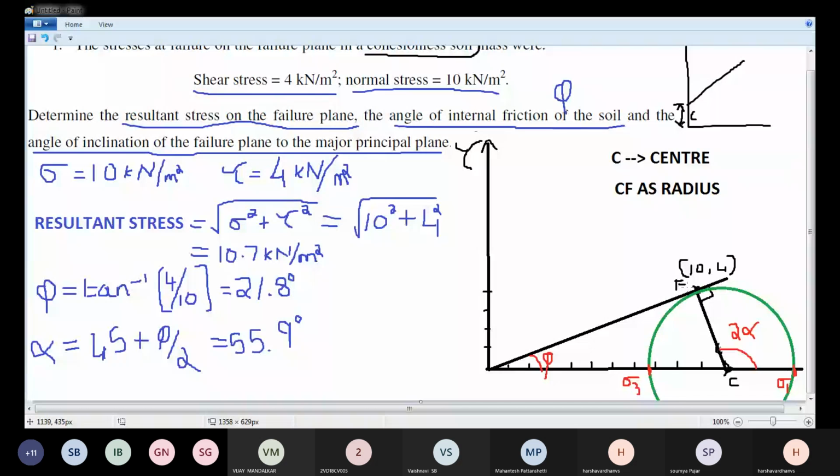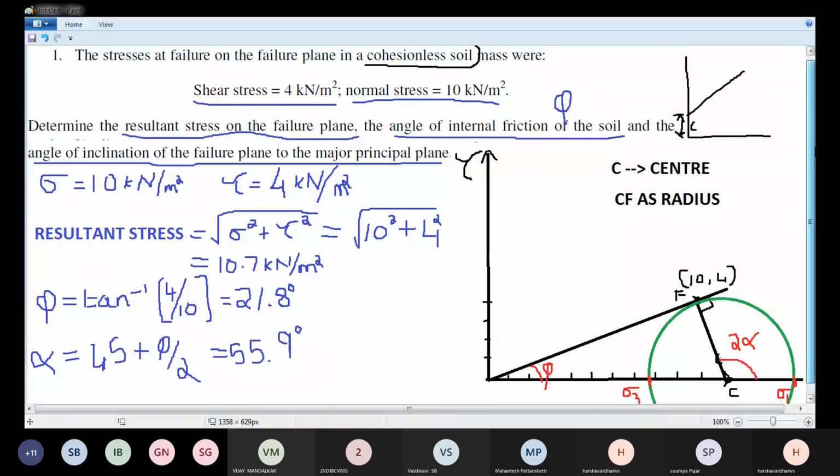Because it is not mentioned in the question how you have to find stresses, you can follow either the analytical or the graphical solution. I hope you have understood both solutions. This is a very simple problem.